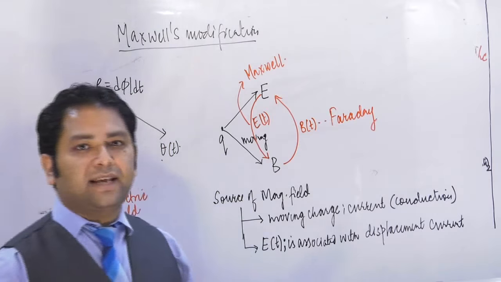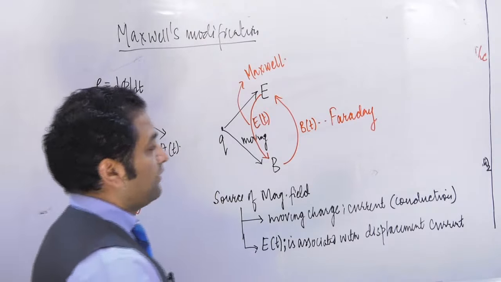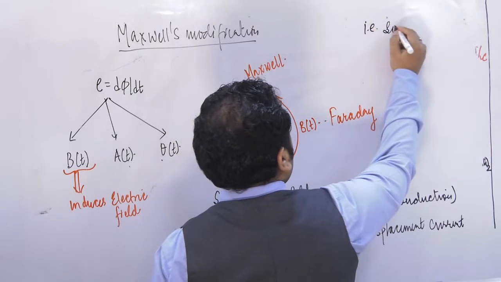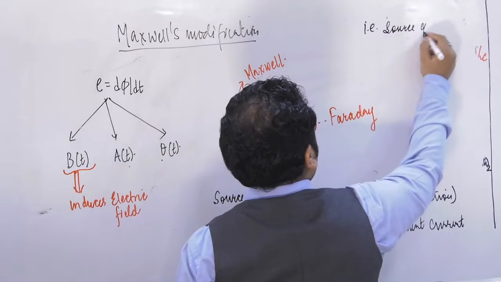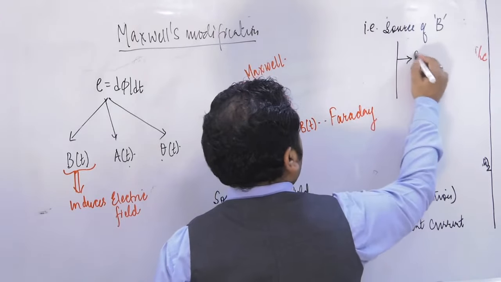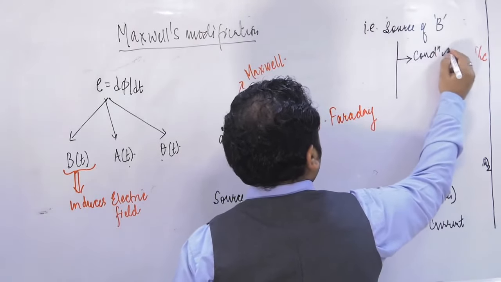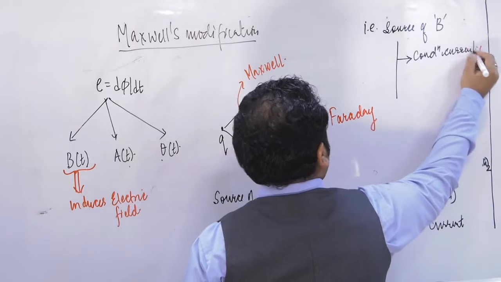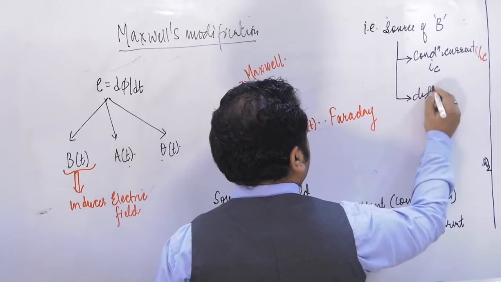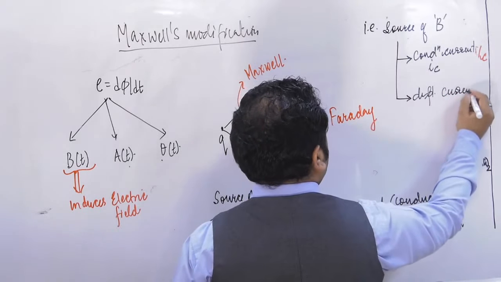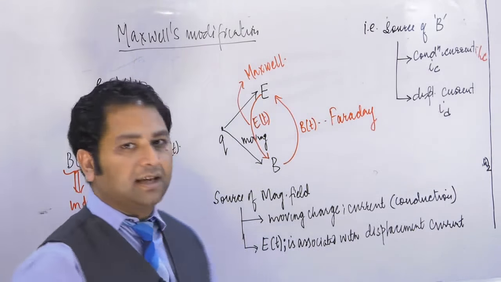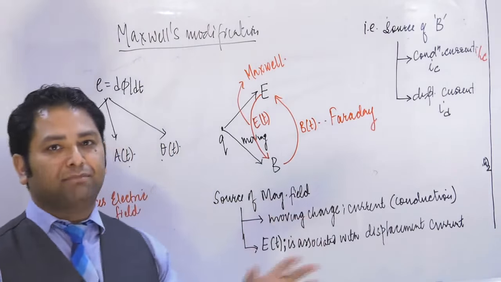So now it becomes very easy: there are two sources, one is the conduction current, called IC, the second one is the displacement current, called ID. Now that makes the compilation fairly simpler.